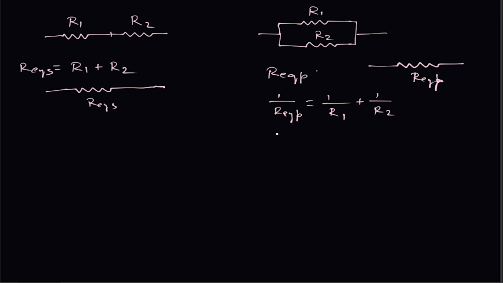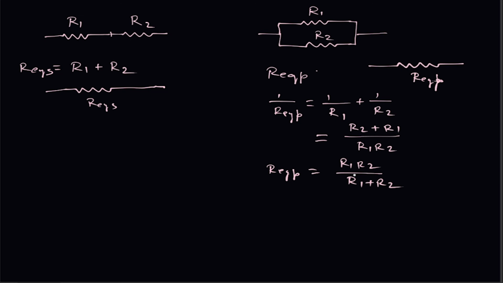Simplifying this, in the denominator it will be R1 R2, that will be the LCM. In the numerator it will be R2 plus R1. So R EQP is equal to R1 R2 divided by R1 plus R2.